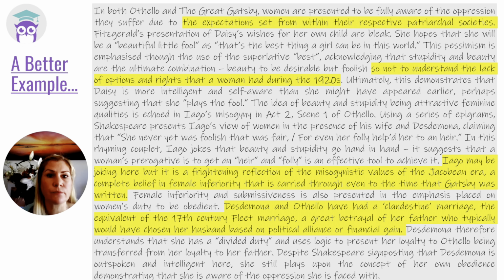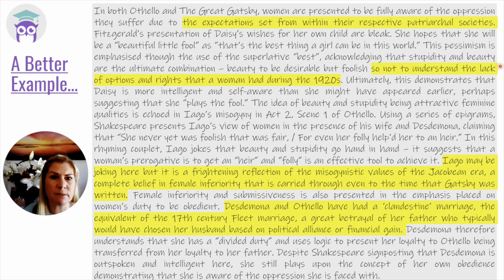In both Othello and The Great Gatsby, women are presented to be fully aware of the oppression they suffer due to the expectations set from within their respective patriarchal societies. Immediately, I'm doffing my cap to context. Fitzgerald's presentation of Daisy's wish for her own child at birth, she hopes that she'll be a beautiful little fool, as that's the best thing a girl can be in this world.